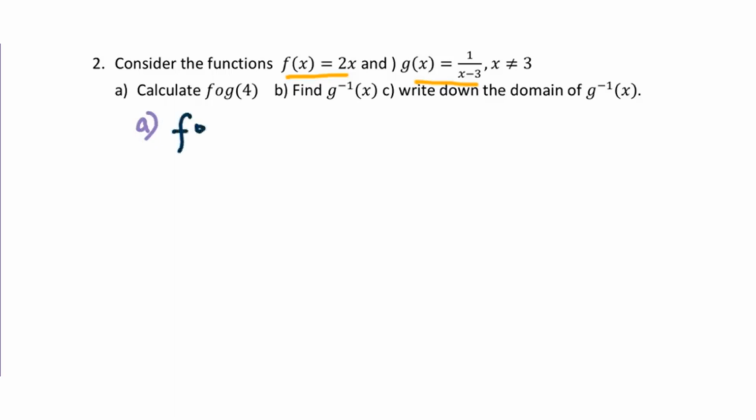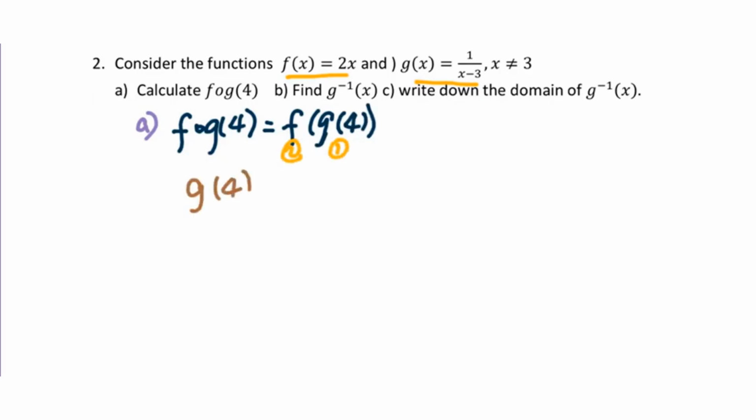Therefore, for f of g of 4, you work on the inside first. First step, and then the second step. g of 4 equals 1 over 4 minus 3.